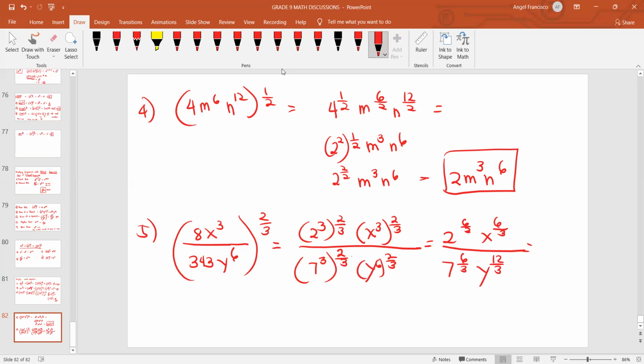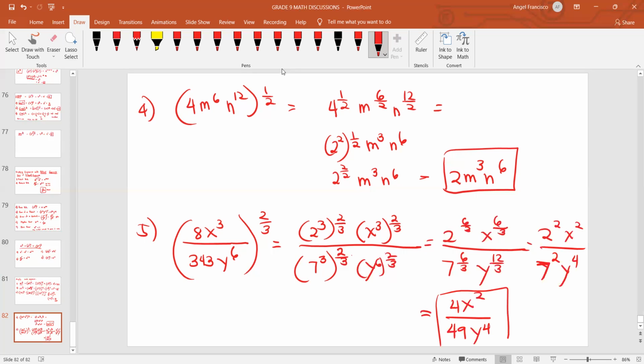So you have 2 to the second power, x to the second power, 7 to the second power, kasi i-divide natin, y to the fourth power. And the answer is, yan, 4x squared, okay, 49y to the fourth power. And that is your answer.